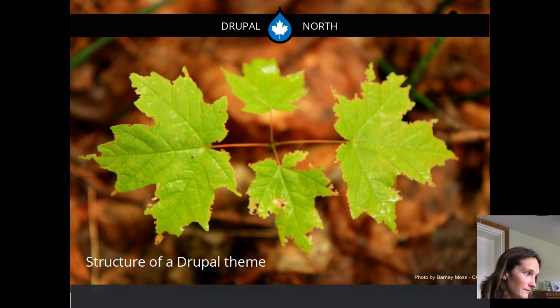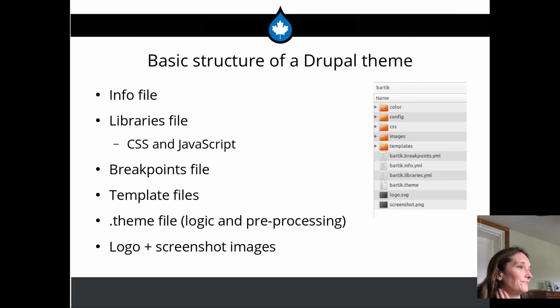So, the structure of a Drupal 8 theme. We're getting a little bit more of a plant growing here. Here's the basic structure of a Drupal theme, and this is a screenshot of the folder from Bartik. You will find that some of these core themes have folders that you don't necessarily need if you're creating your own theme. But every theme will have an info file, and you can see Bartik's right here, bartik.info.yml.